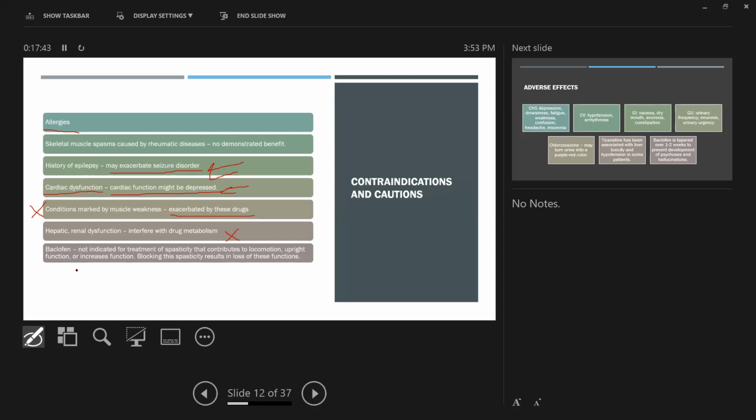Because if you block those, the person's not going to be able to stand or walk. Now, baclofen is also used off-label to treat addiction. So just keep that in mind. If somebody's getting baclofen for addiction, particularly for alcohol abuse syndrome, then just make sure that you have in mind your protocols for muscle relaxants.